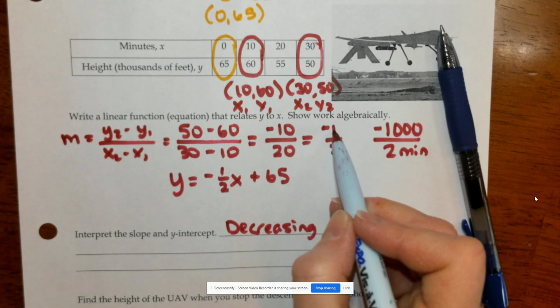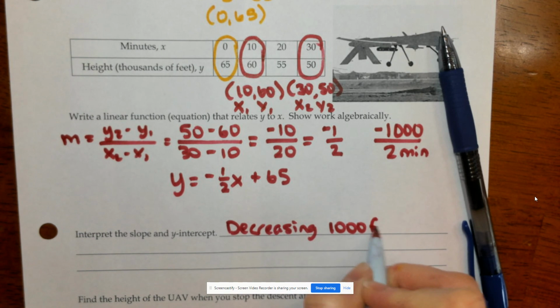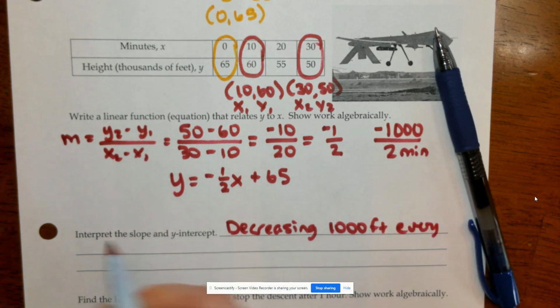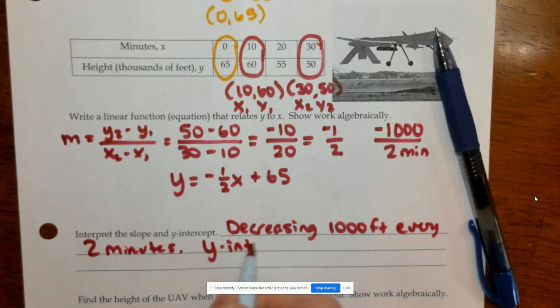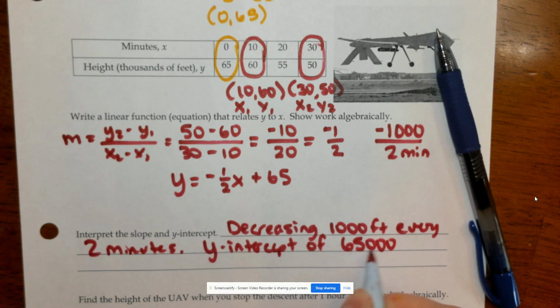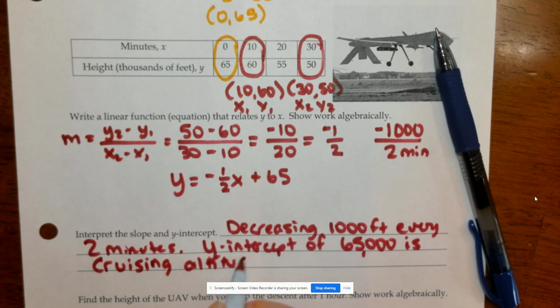Y was height in thousands of feet, so minus 1,000. So decreasing 1,000 feet every, and then the 2 on the bottom is 2 minutes. So that would be my slope, and the y-intercept of 65,000 is what they described as cruising altitude. Or you could say starting height.